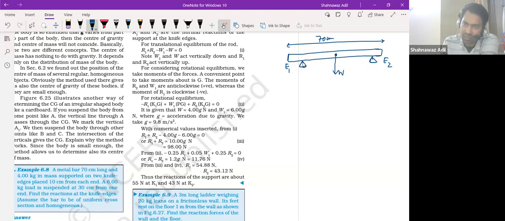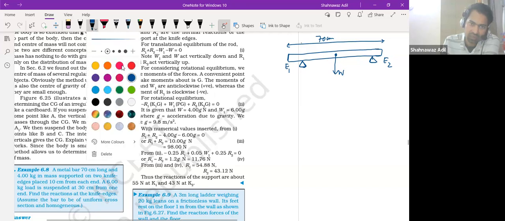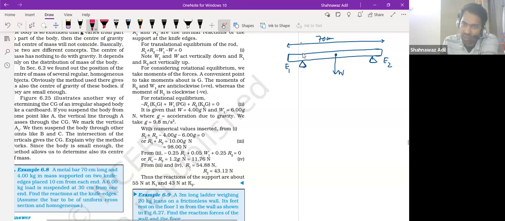The surface is touching, so there would be a normal reaction in this direction and a normal reaction in this direction, right? How much is this distance? This distance is 70, so that is 35, right? How much is this distance?